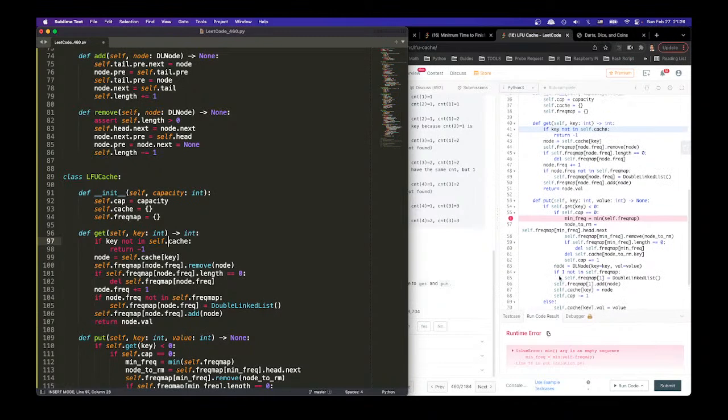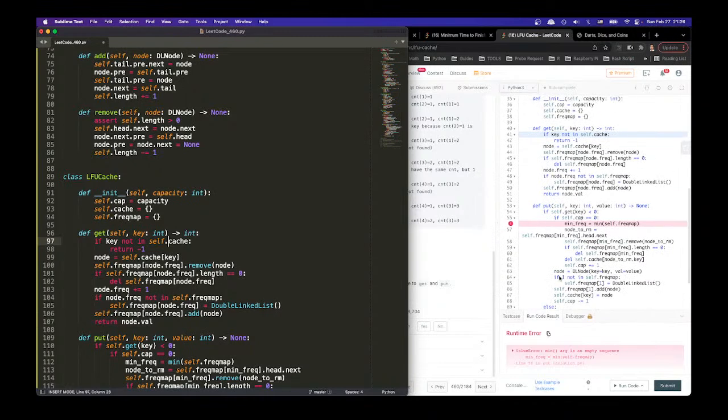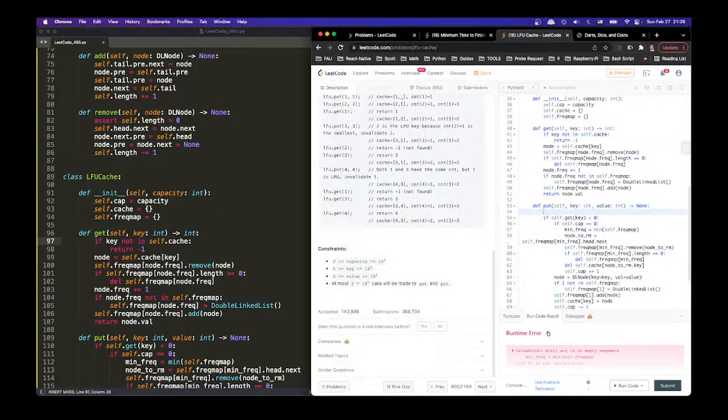Line 56. Ah. So let's just say if self.cap... Can't do that.